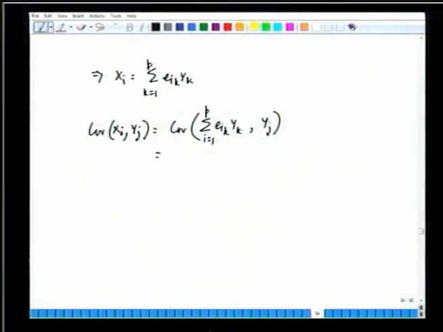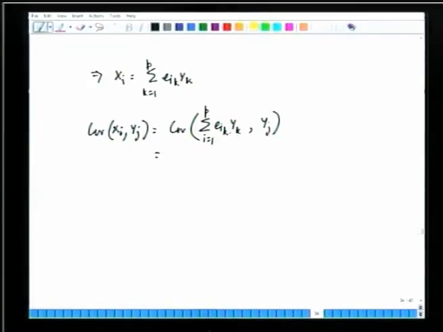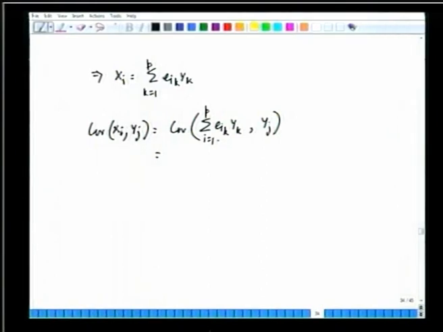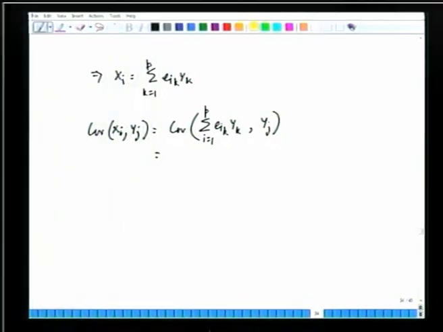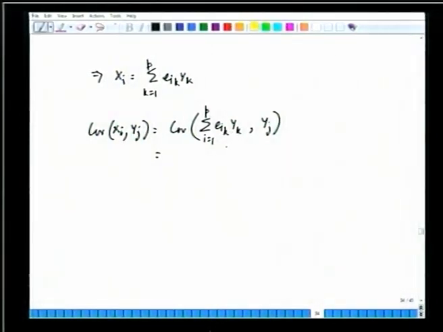Now I know that the covariance between any yk and yj, where k is not equal to j, is equal to 0. So if I open up this sum and consider the covariance with yj, the only term that will make a contribution is the jth term, that is, when yj comes with the coefficient Eij.